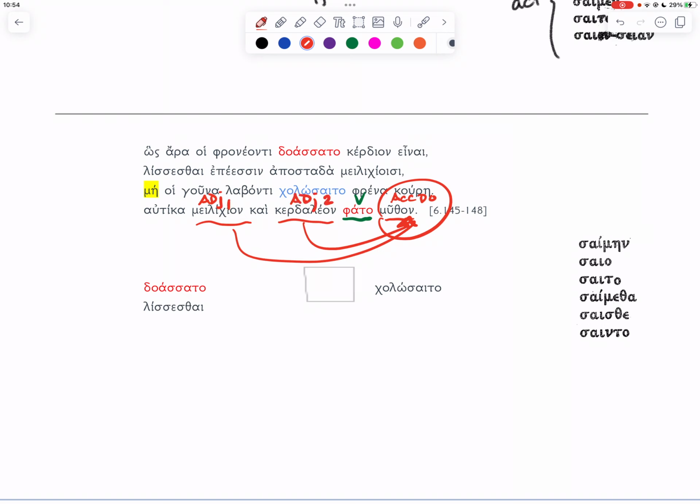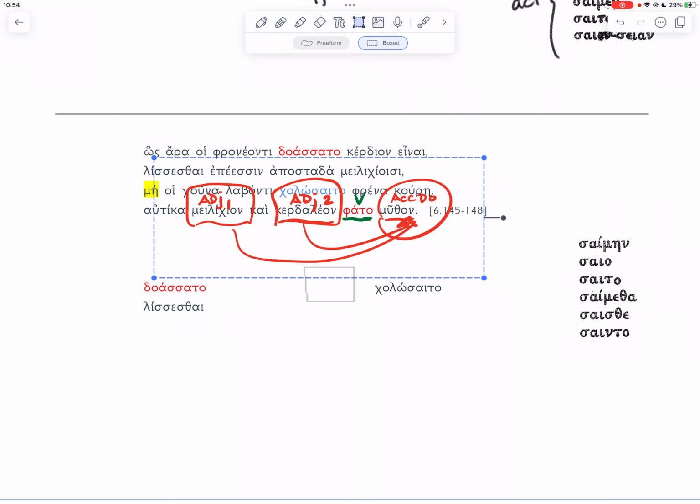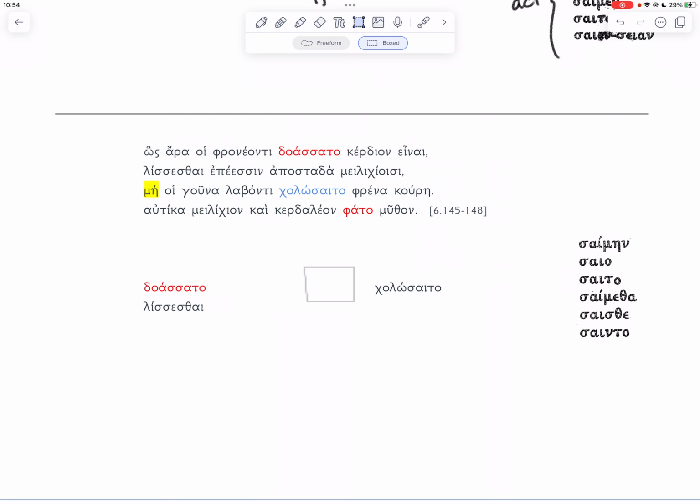I put these in red because they're accusative and they both modify muthon. What's nice about that is that they all have the same ending. Melichion, kerdaleon, and then muthon. So that's a triple whammy.